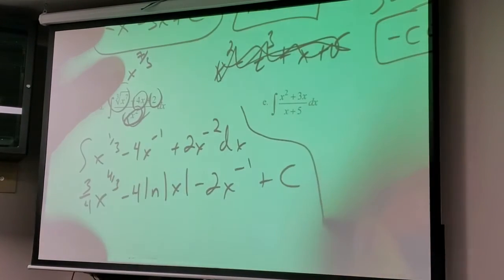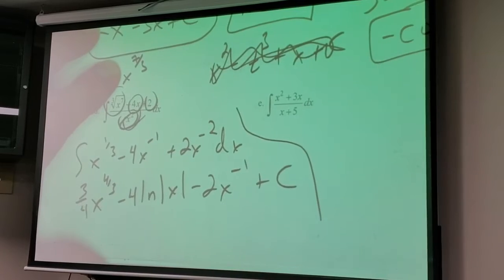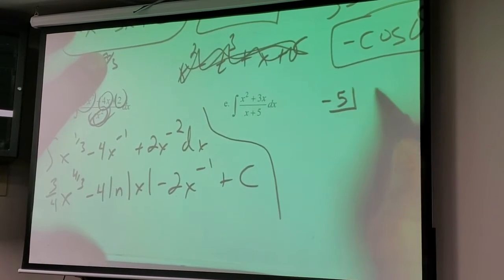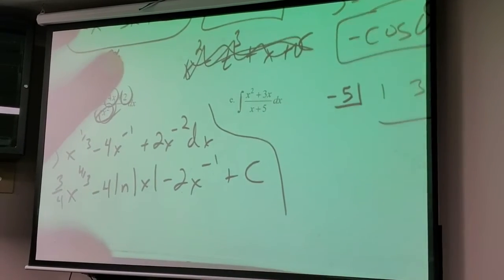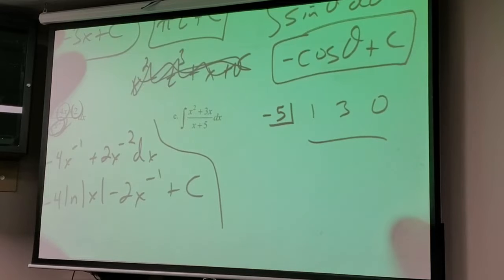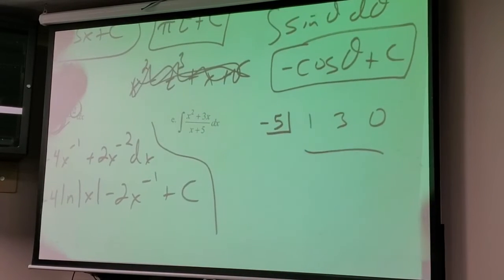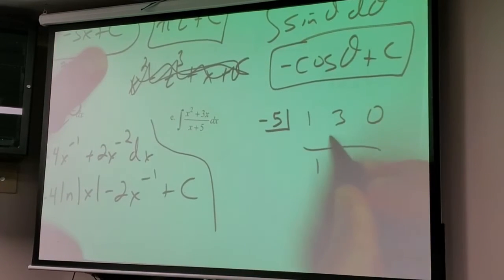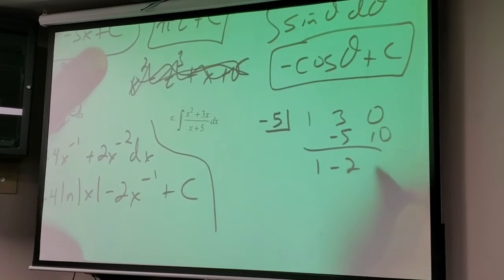Did anybody get this one? Here's the first step of this one. Or you can do long division if you'd rather. You like long division better? Some of you guys are like, I love it. Whatever. 1, negative 5, negative 2, 10, 10.